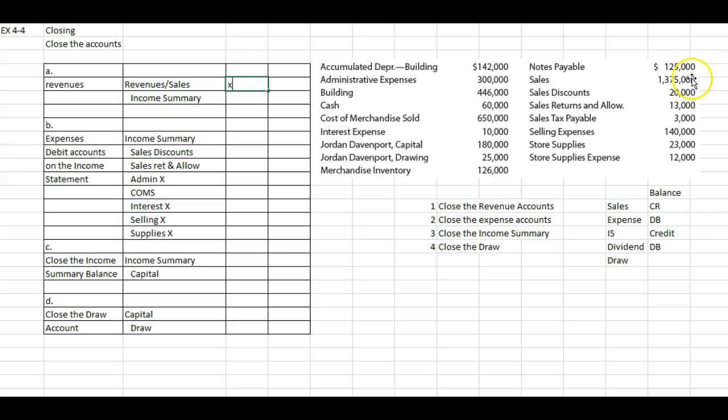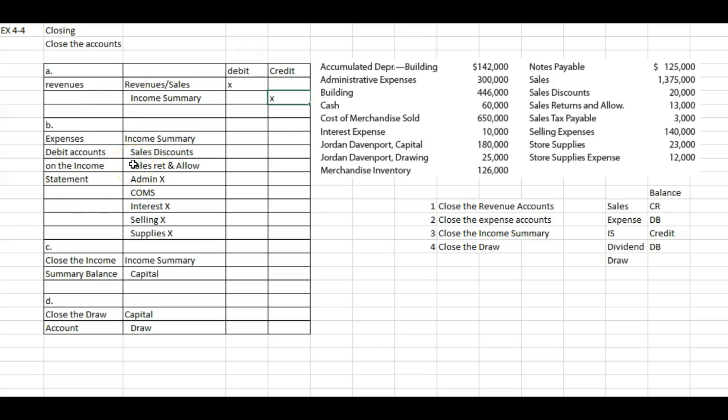And how much would that be for? Right here is your answer, right there. That means I'm going to close it into my summary account as a credit. So that makes sense. So revenues get zeroed out with a debit. I guess that would help if I wrote that up here. And this is a credit. Okay. So that one probably makes sense.